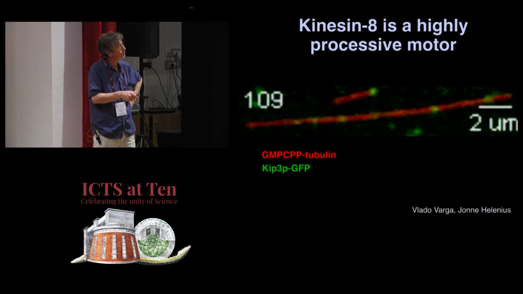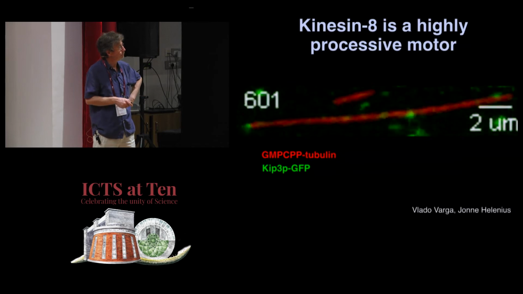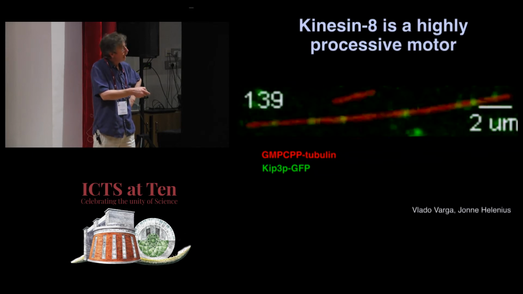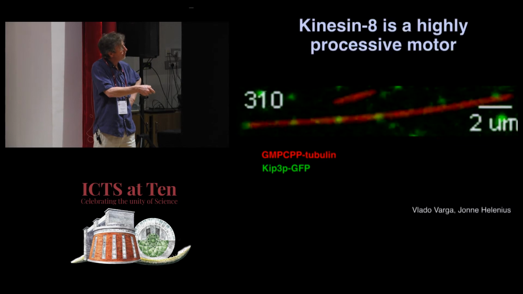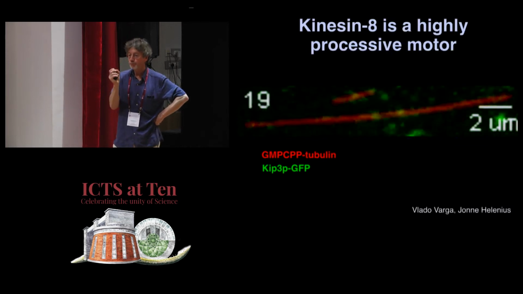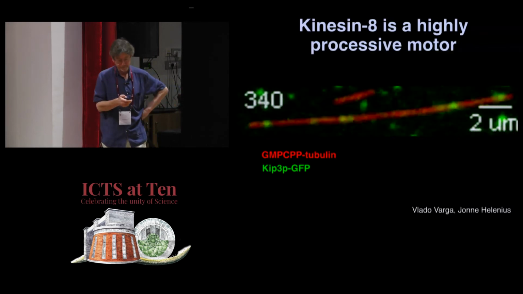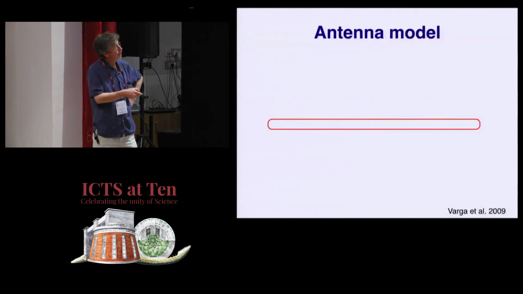And what you're seeing here is these motors appearing, and then they all move to the end of the microtubule. Then we showed that when they get to the end of the microtubule, they remove just a single tubulin dimer, the subunit of the microtubule, from the end of the microtubule. So what happens then is what we call the antenna model.